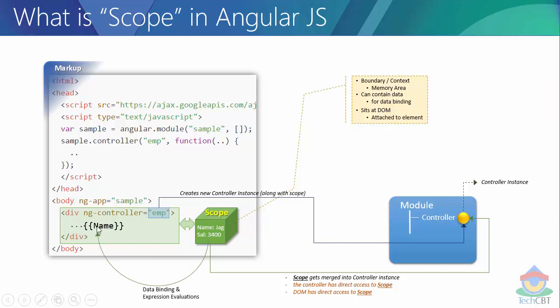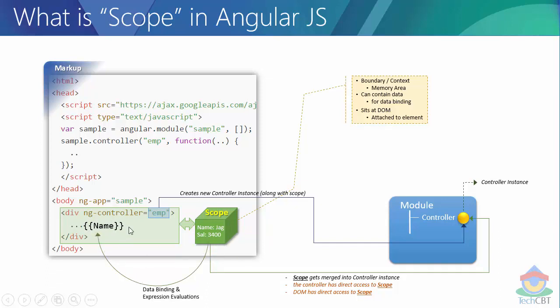So where are we getting this information from? As I mentioned, this scope acts as the data holding element for all of those expression evaluations and the data binding. If you have any data binding related stuff inside your view, all those data binding related expressions, including the evaluation of expressions, will be done within the context of the scope.